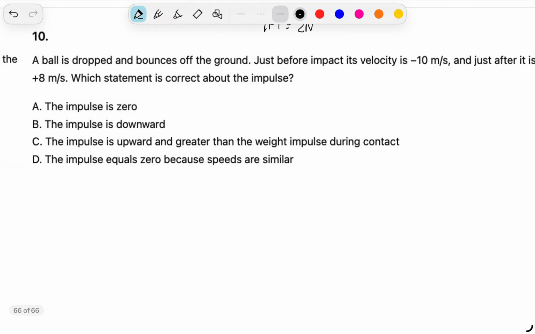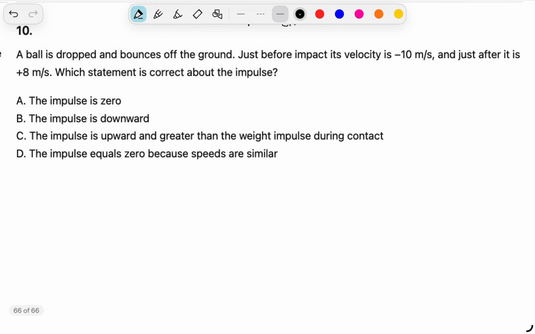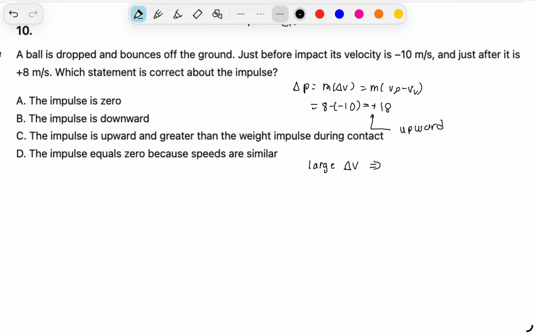A ball is dropped and bounces off the ground. Just before impact, its velocity is -10 meters per second, and just after it is positive 8 meters per second. Which statement is correct about the impulse? If it's positive, that means that it's going to be upward. So a large change in velocity is going to mean that you have a large impulse up.